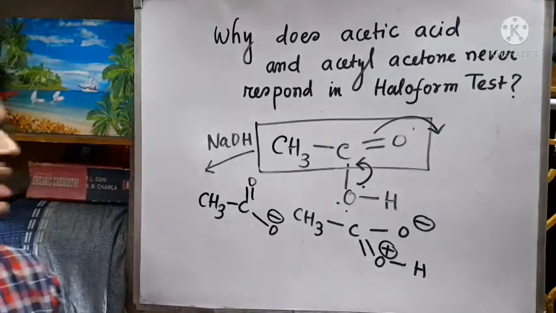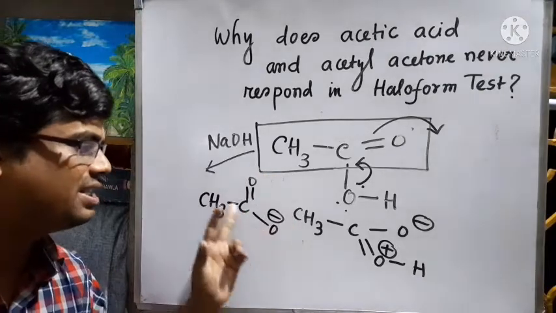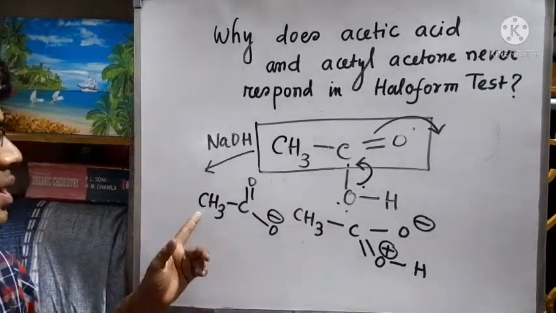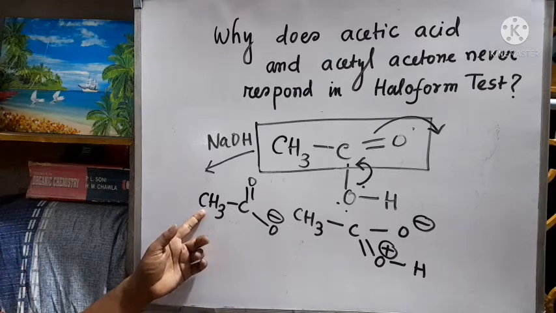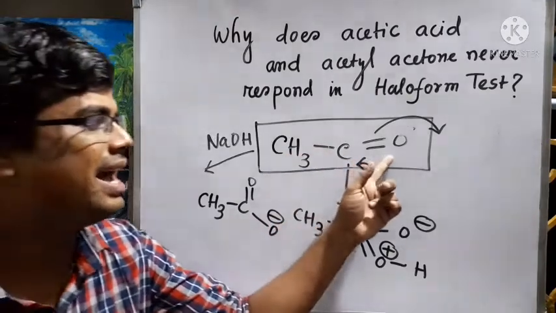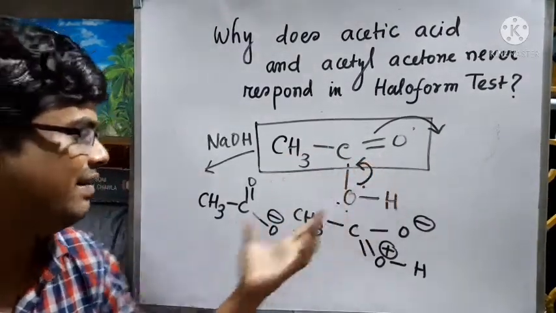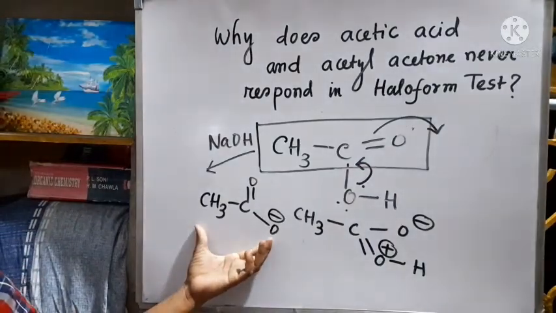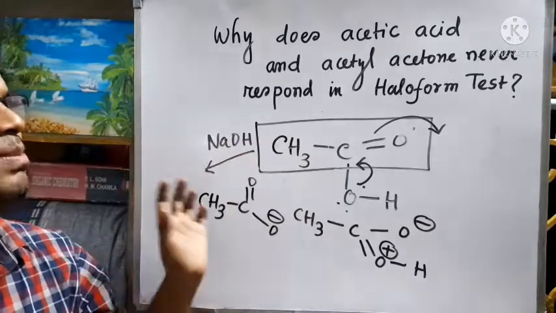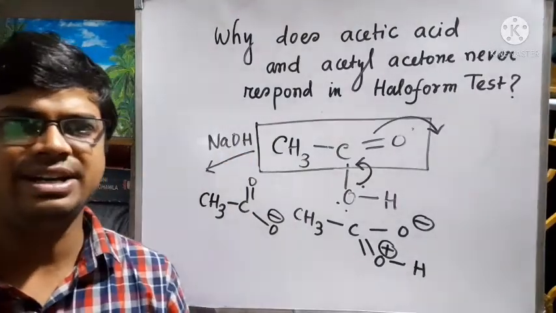Now once the negative charge, or the electrons, are accumulated along this carboxylic acid group, there is no opportunity to replace the alpha hydrogen of the CH bond, because the minus I effect that was present before its deprotonation is now absent. So it is clear that this acetic acid will never respond in the haloform reaction. It is clear, dear friends?